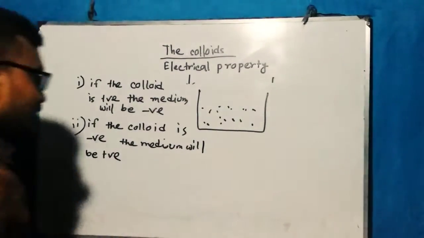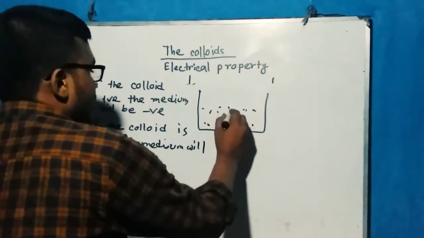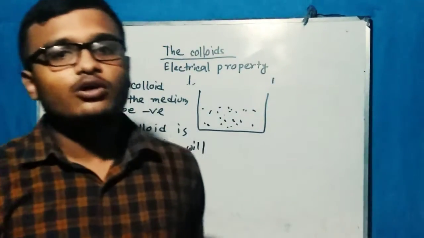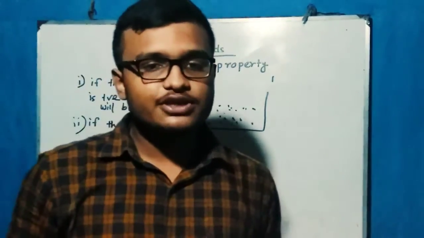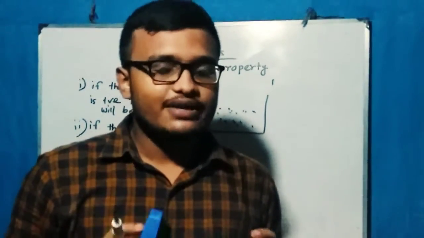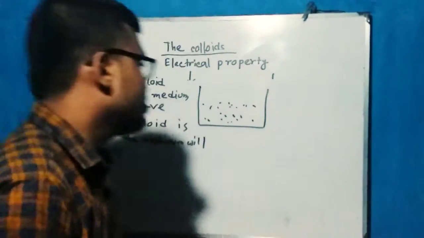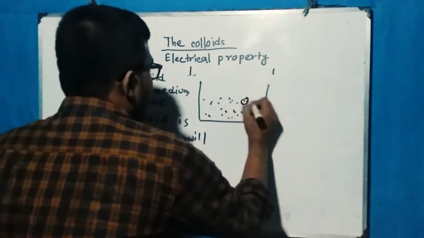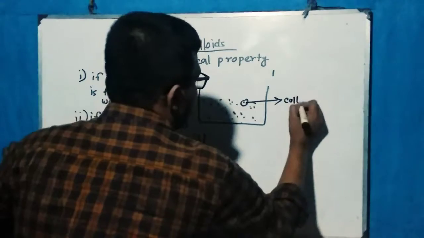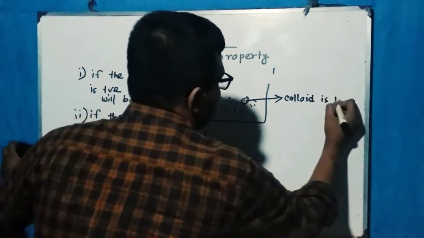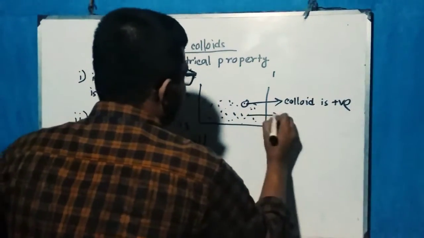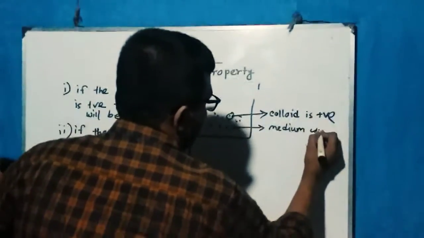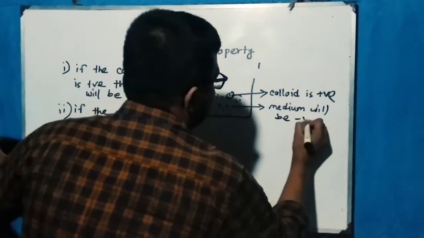The colloidal particle is called the dispersed phase and the medium is called the dispersed medium. Suppose we have taken the positive colloid, so the medium will be negative.